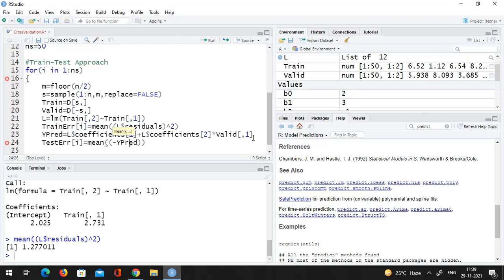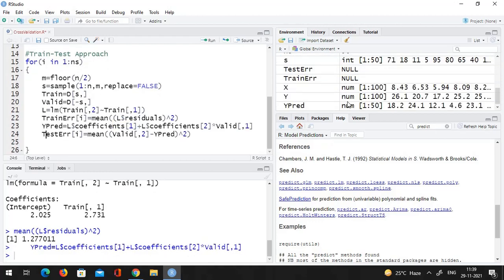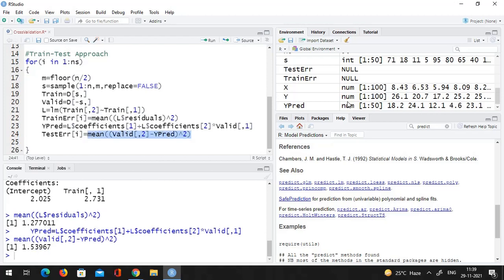So y pred, and actual y is where? Actual y for these observations is valid comma 2, the second column. So this minus y pred whole square. So this would be my test error. Let me run this part. Okay, so this is test error.